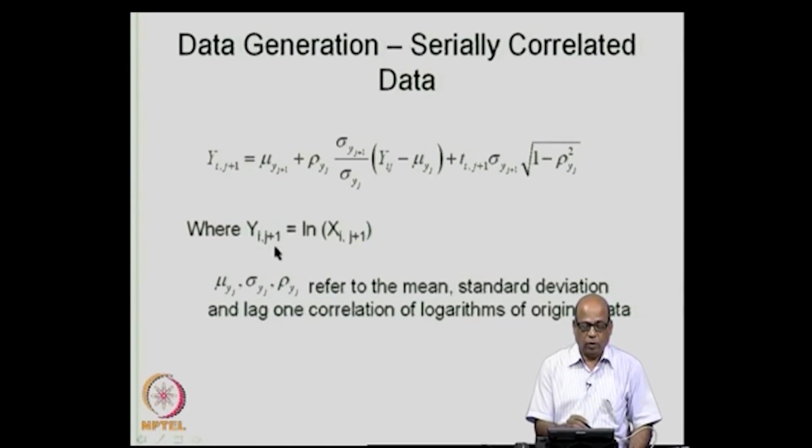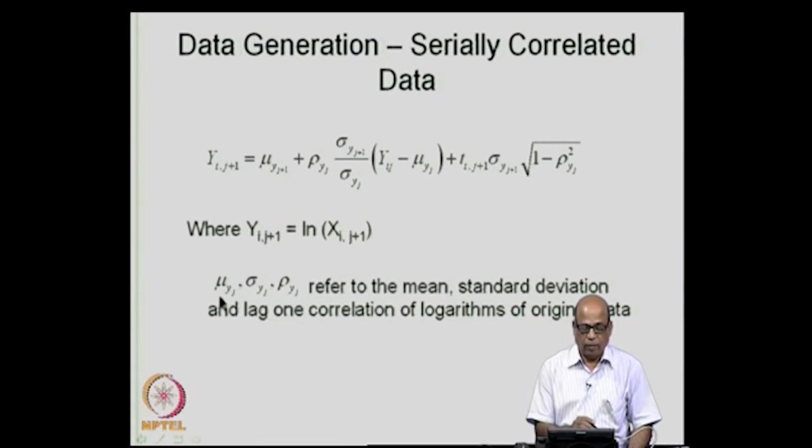So, we use the transformation y i, j plus 1 is equal to logarithm of x i, j plus 1. Simply convert the flows into logarithms and then write the same model. Remember here mu y j plus 1 is with respect to the logarithm.